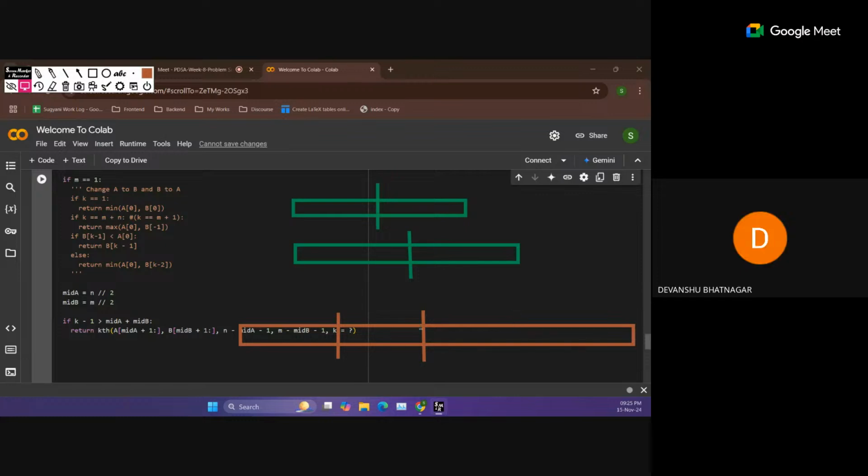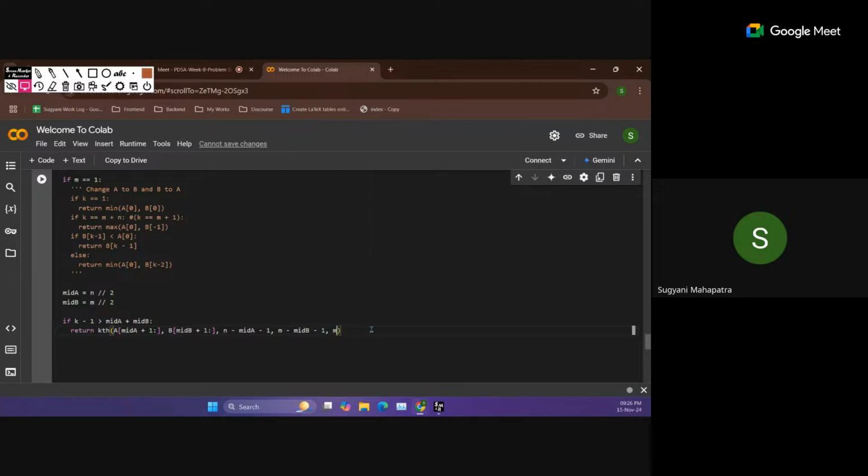It will be k minus the part we just removed, which is middle of A plus middle of B. So we can have this equal to m plus n minus middle of A minus middle of B, right? This is fine.